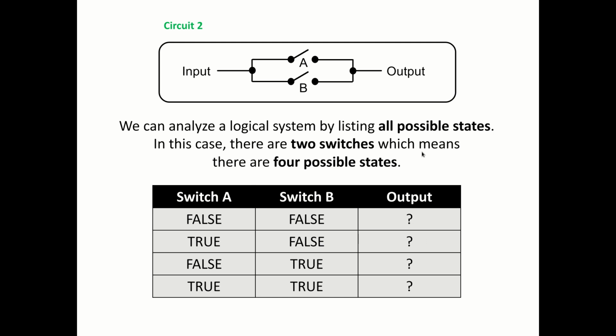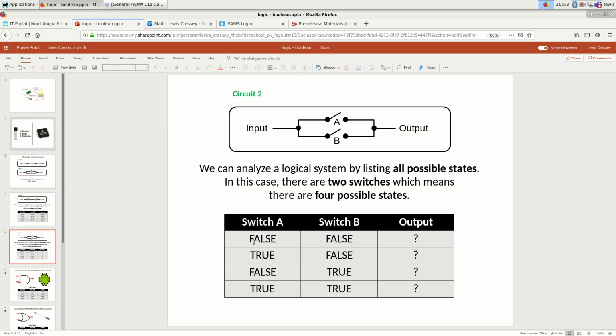There we go. Okay, so here's circuit 2, and in this case I'm going to again draw a table. If I think about the situation where the switch A is open and the switch B is open, electricity can't get from the input to the output there, so I'm going to write false in this column.